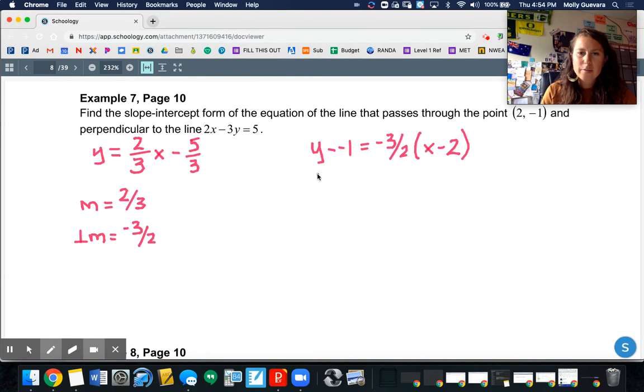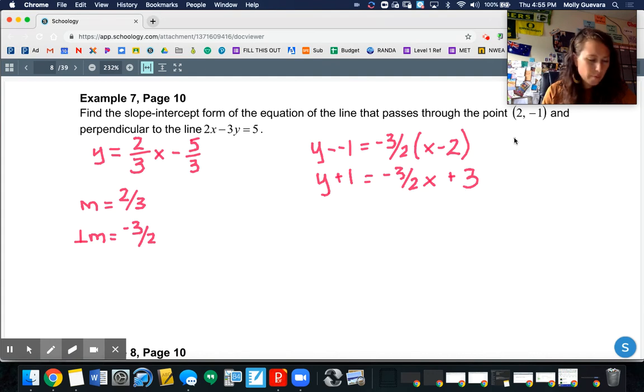Okay, so I'm going to start simplifying. y plus 1 is equal to -3/2 x, and then negative times negative is going to be positive. And 3 over 2 times 2, well, the 2's cancel, and I just get 3.